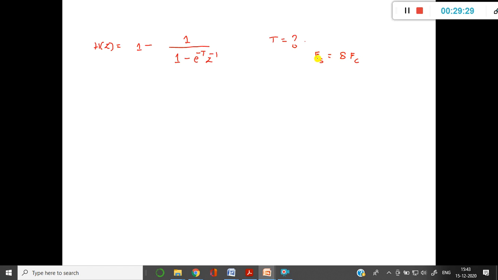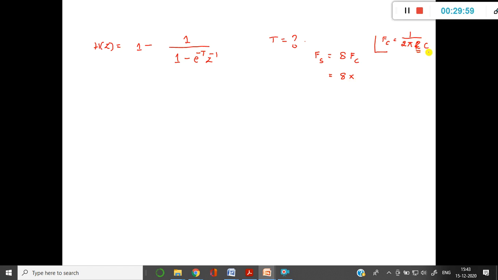He has not directly given the Fs value, but we know that the cutoff frequency Fc is given by 1 divided by omega c, where omega can be written as 2 pi R into C.